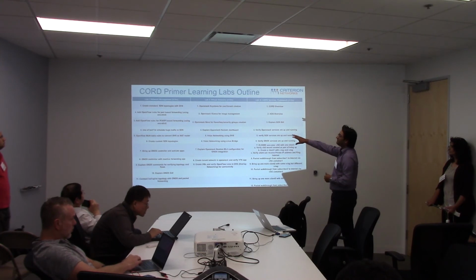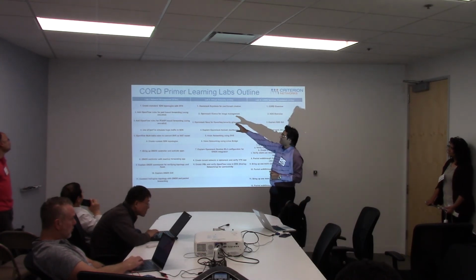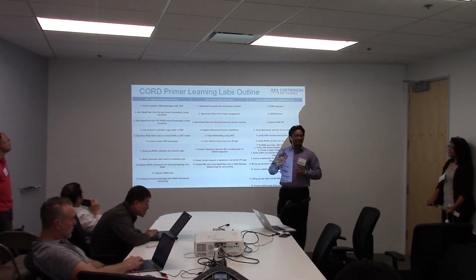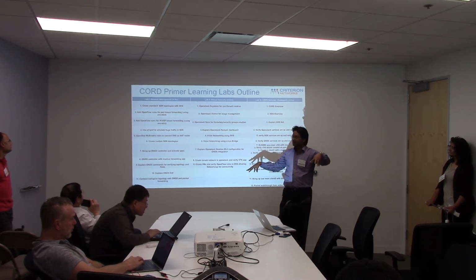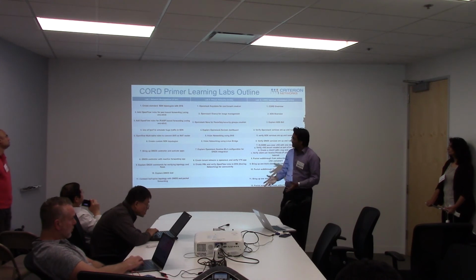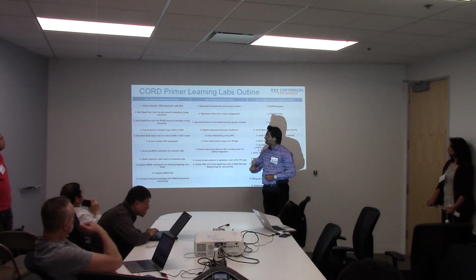For example, in the lab network management, you're going to start with ONOS and Mininet. You bring up ONOS, start Mininet, make them talk, create different topologies in Mininet, see OpenFlow, and understand OpenFlow and all these elements.